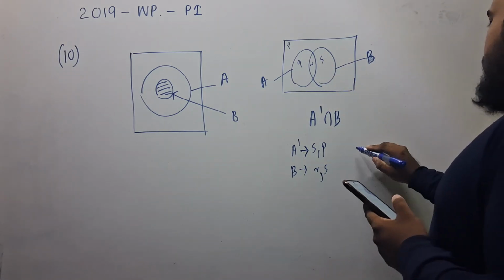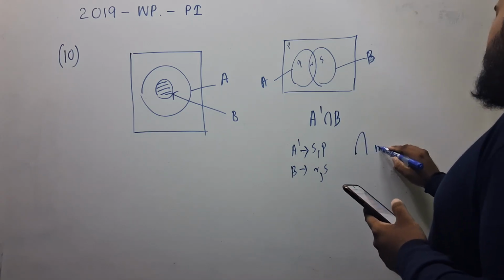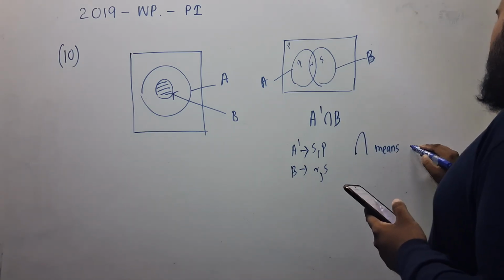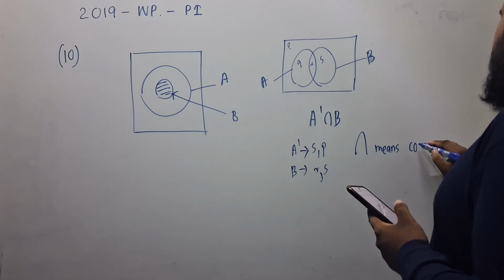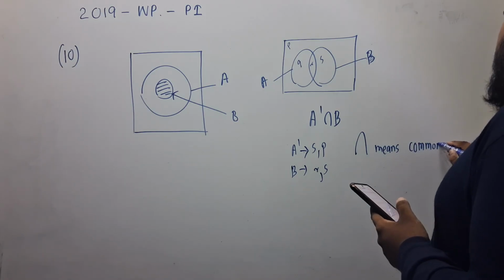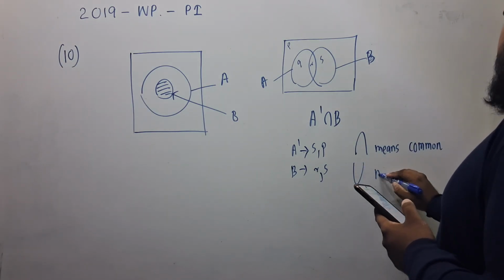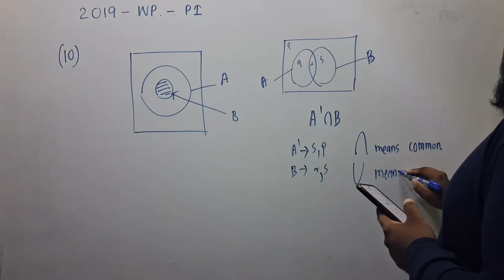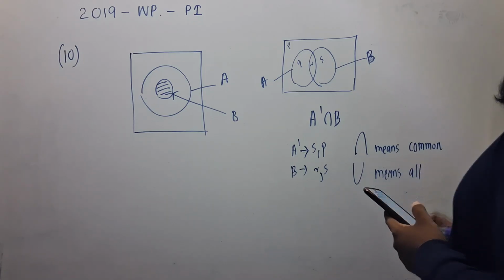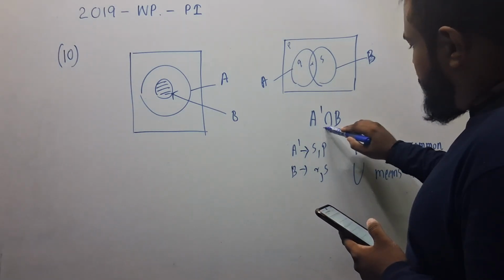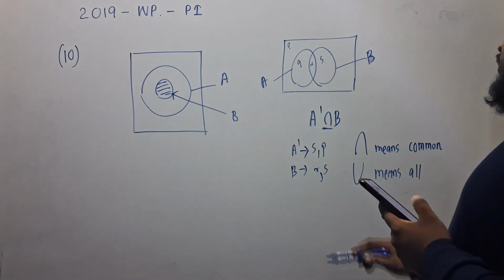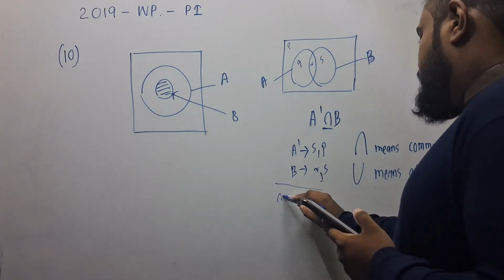And you have to remember this: intersection means common, union means all. So what is the given symbol here? Intersection. So you have to find common.